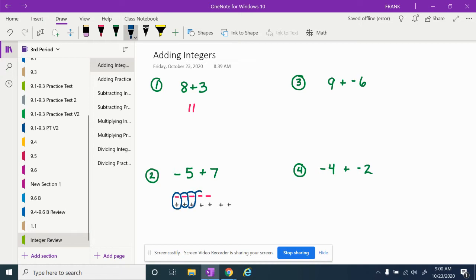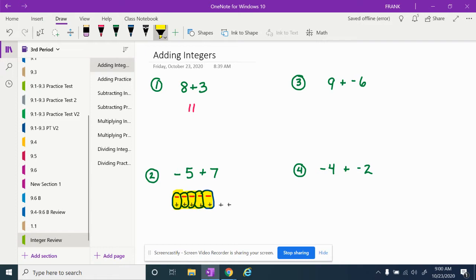And this negative cancels out this positive. And one more, this negative cancels out this positive. So basically, those right there are gone because they've canceled out.